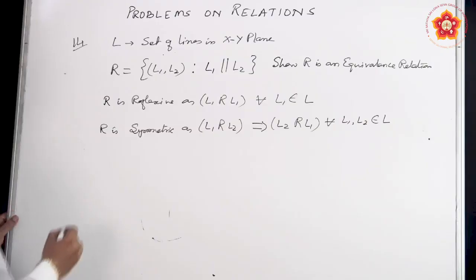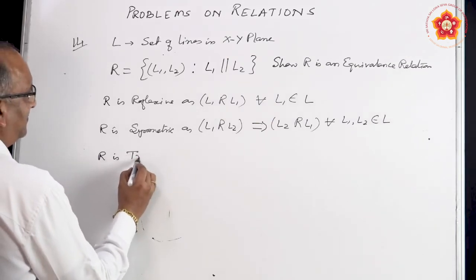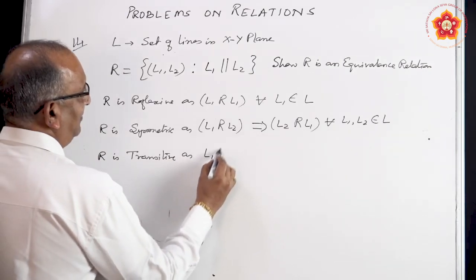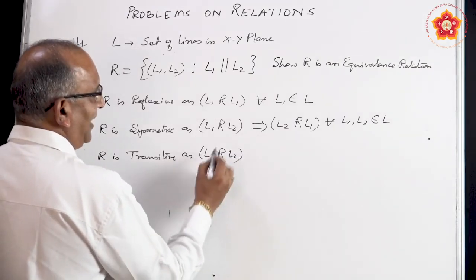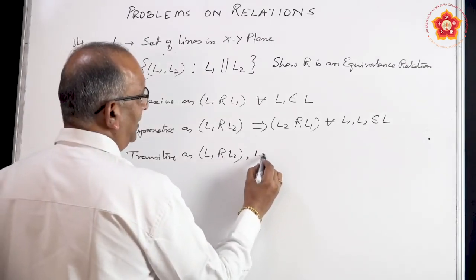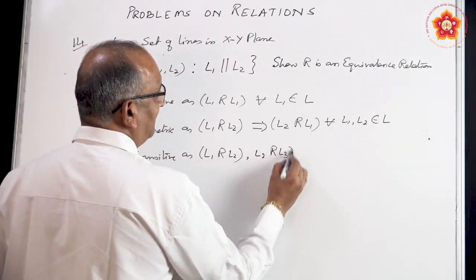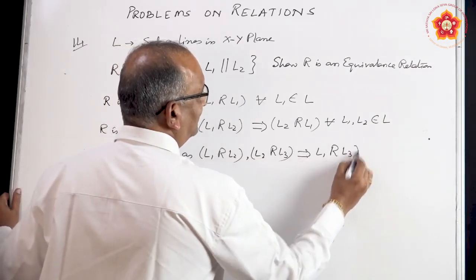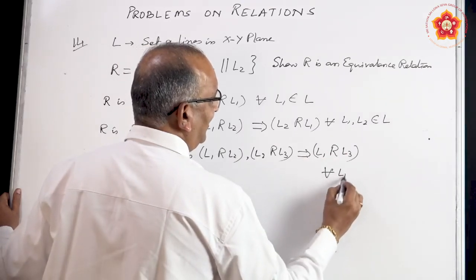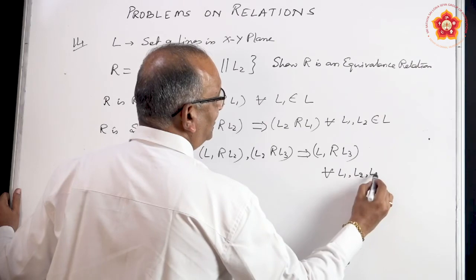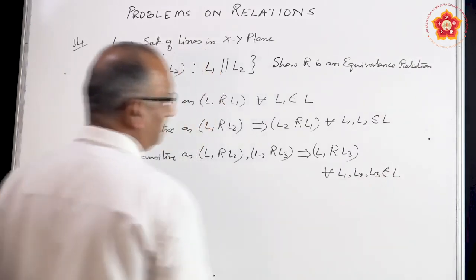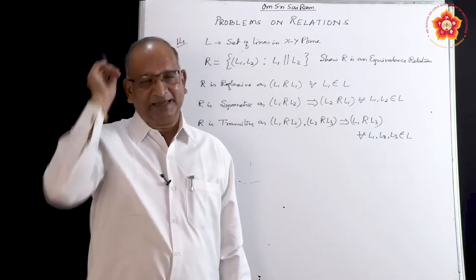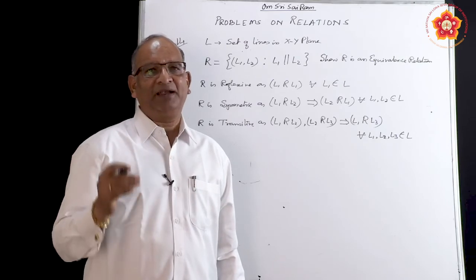Take the third one, R is transitive. How do you say it is transitive? If L1 is parallel to L2, and L2 is parallel to L3, this implies that L1 is parallel to L3 for all L1, L2, L3 belong to L. If the first line is parallel to the second line and the second is parallel to the third line, we can conclude that the first line is parallel to the third line.